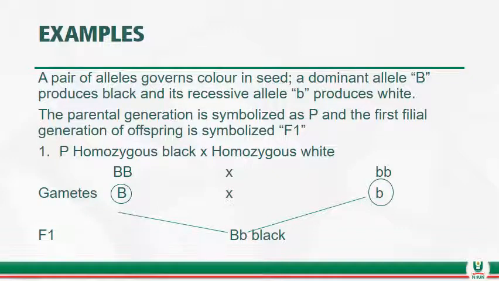You can see it here, a cross between the homozygous black, the alleles are capital B, and the homozygous white, the alleles are small letter b and small letter b. These are the gametes that are produced, and when they combine, you get the F1, which is black, but it is heterozygous black.